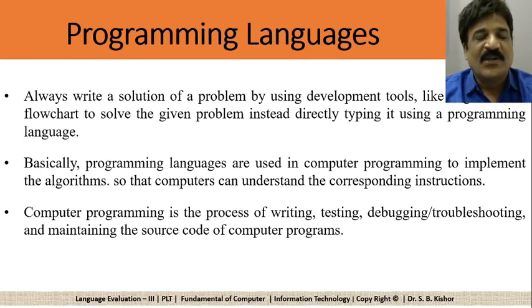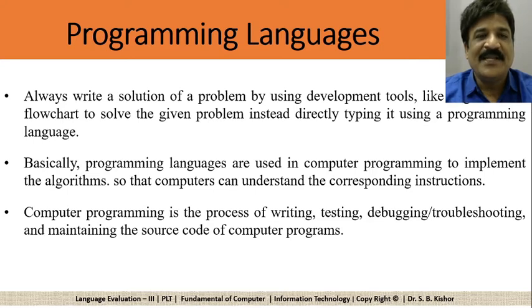What are they? Not just writing the program, but you also need to check whether you have written all the syntax properly or not. It means we are debugging that program, compiling that program, and testing whether the result you got is proper or not. It means you compare your manual and computational results, whether they are the same or not. Then debugging, if there is any error in the program, to identify or locate that particular error.